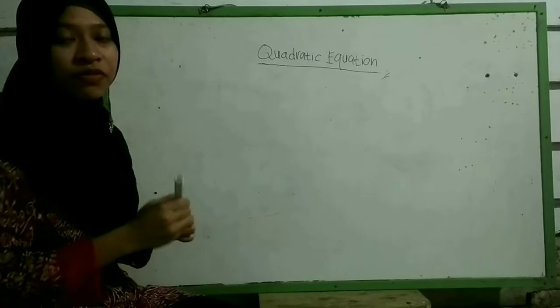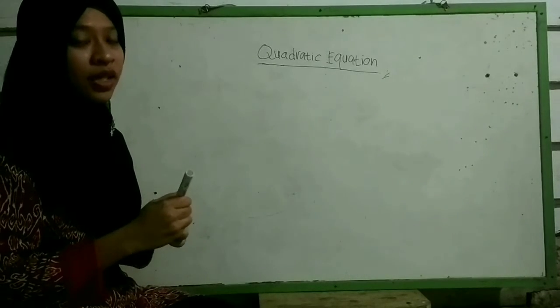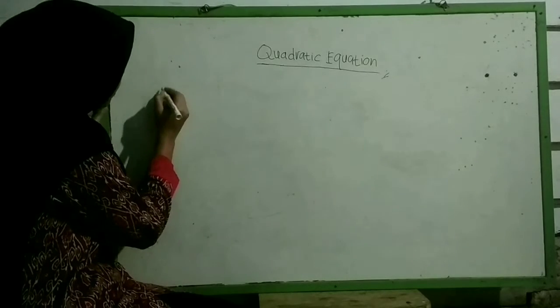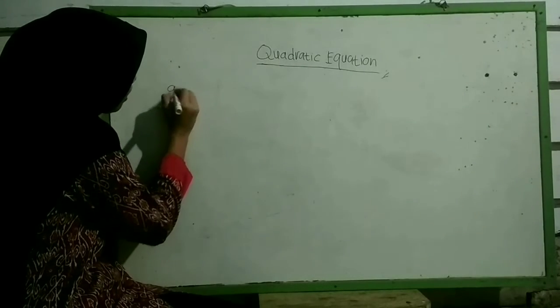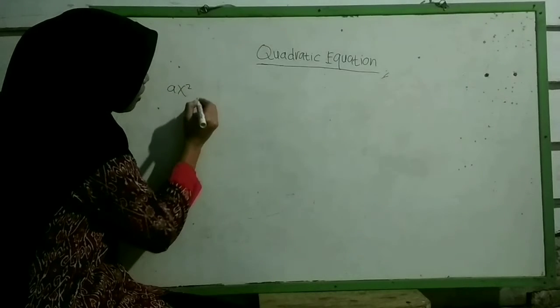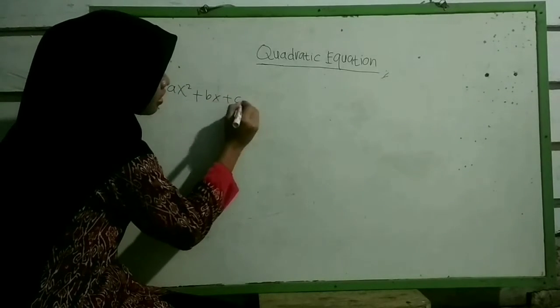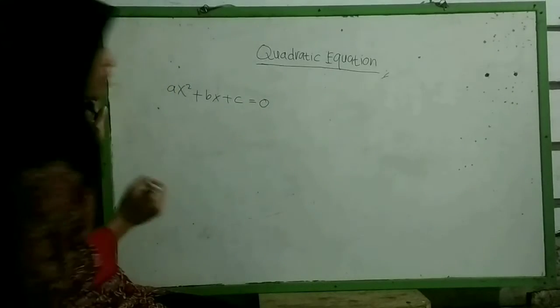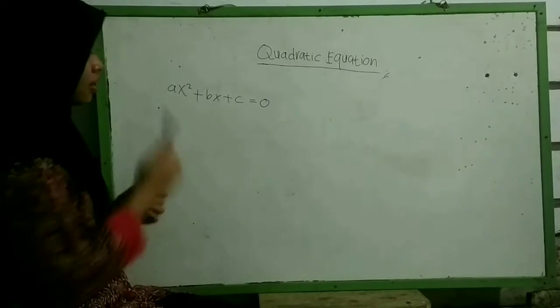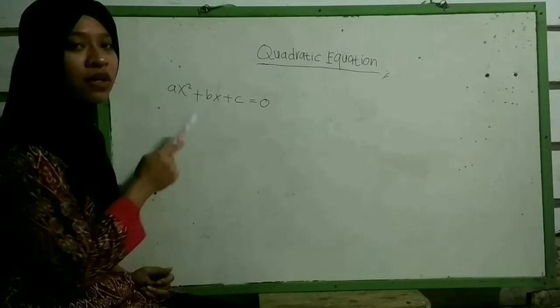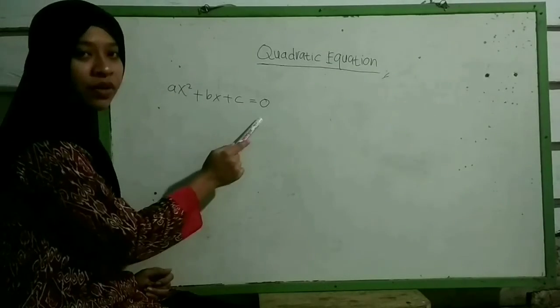The general form of a quadratic equation is ax squared plus bx plus c equals 0. This is the general form of a quadratic equation.